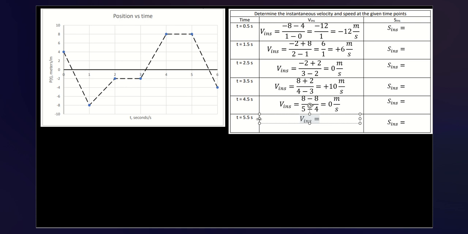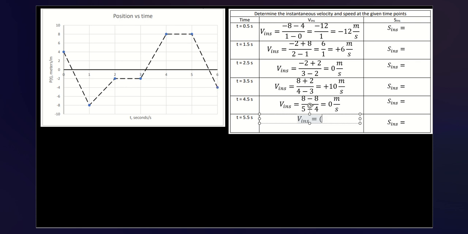And then the last one that's being asked for, time at 5.5 seconds, what's the instantaneous velocity? In other words, what's the slope of our position time plots at that point in time? Well, going on our x-axis, at time 5.5 seconds, what we're really dealing with is this line segment right here.